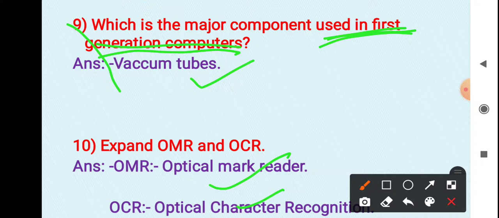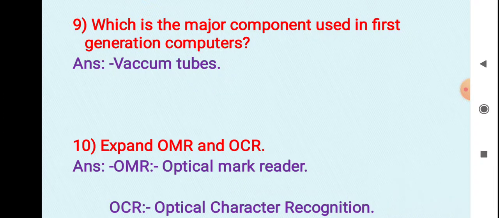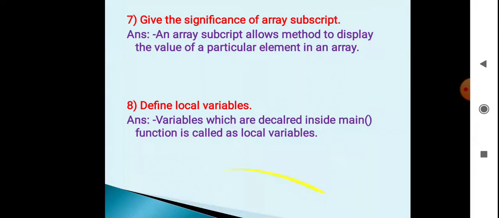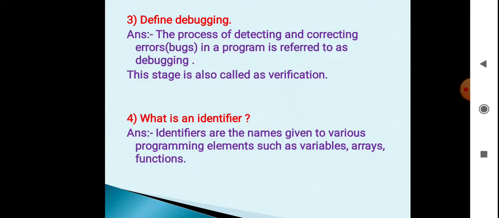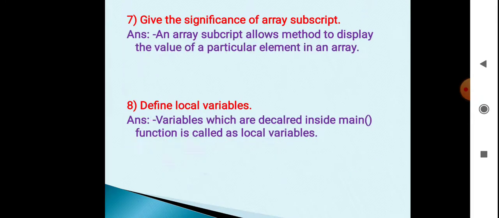There we use OMR for correcting, that is, for evaluating the answer scripts. Okay, so these are all the 1 mark questions, which are very, very important. All of you should go through these 1 mark questions and write them in the assignment book.